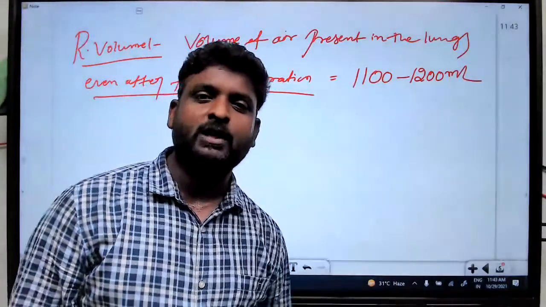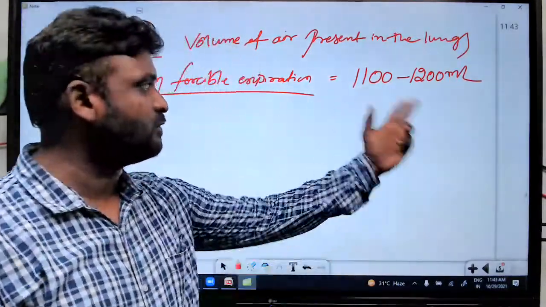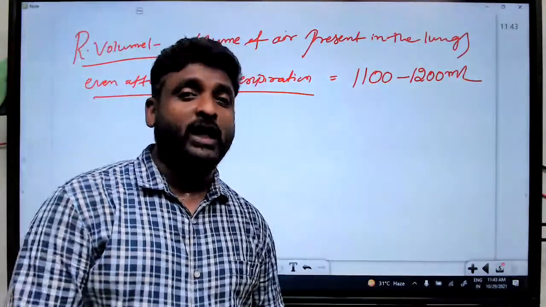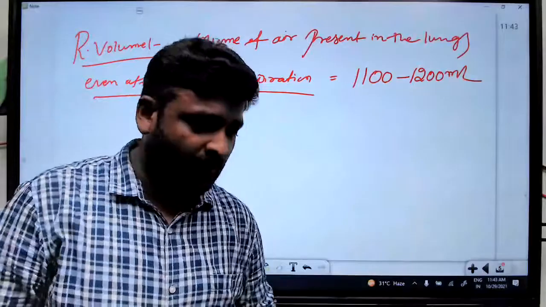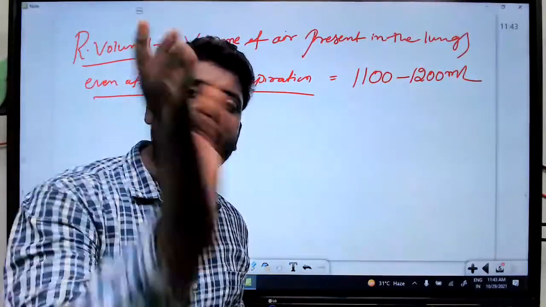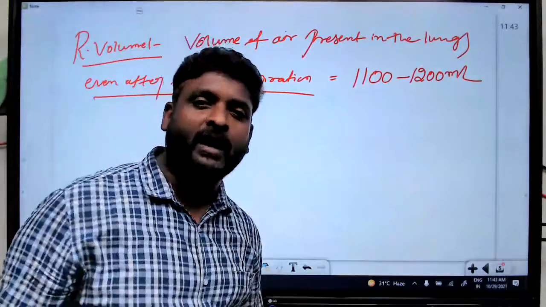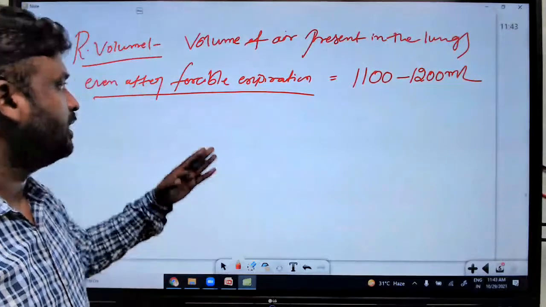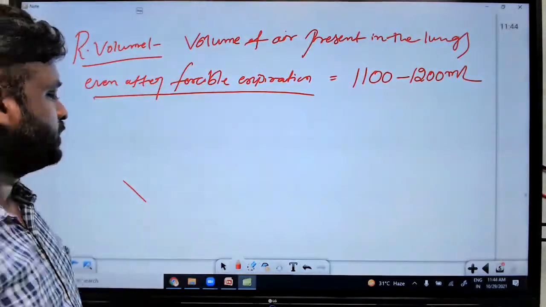It's approximately 1,100 to 1,200 ml. Even if you removed the lungs and threw them on the floor, you can't remove it because of cellular respiration. Got it?